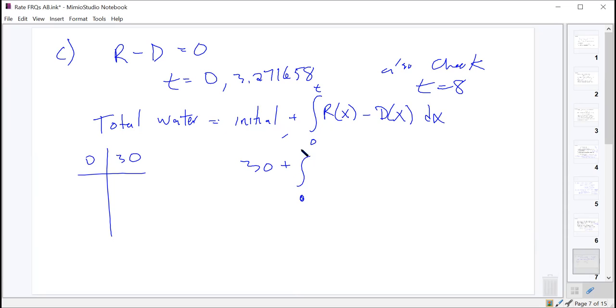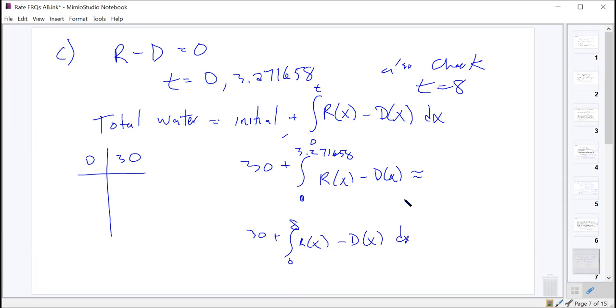And then we'll have to do 30 plus the integral from 0 to 3.27165 of R minus D. And then 30 plus the integral from 0 to 8 of R minus D, and get both those values.